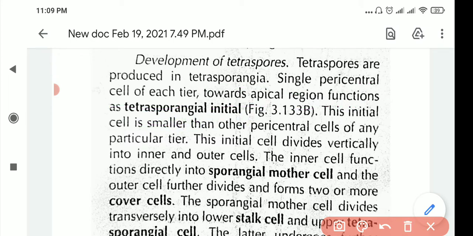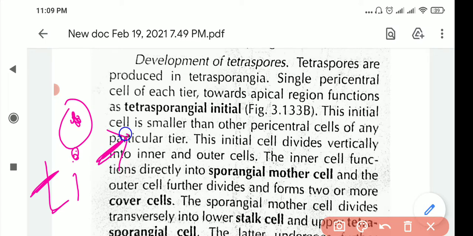So just like in Lycopodium, remember we always have one initial cell. This is the initial cell. Since we want to produce the tetraspore, this cell will be the tetrasporangial initial. How is it different? It is smaller than other ordinary pericentral cells.